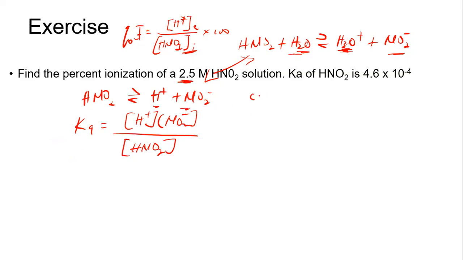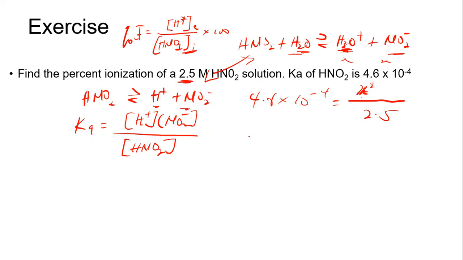The K, 4.6 times 10 raised to the power negative 4, is equal to x squared, assuming the dissociation of this is x and this is also x. Then I will have x times x, giving me x squared here. Very simple. Then the nitrous acid is 2.5.